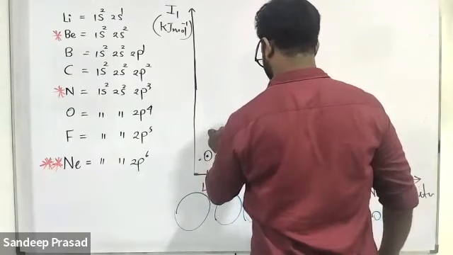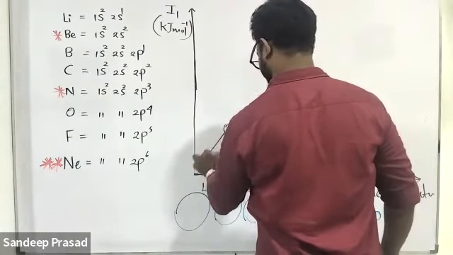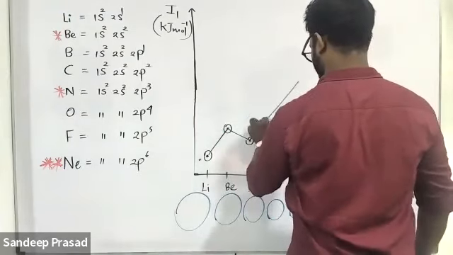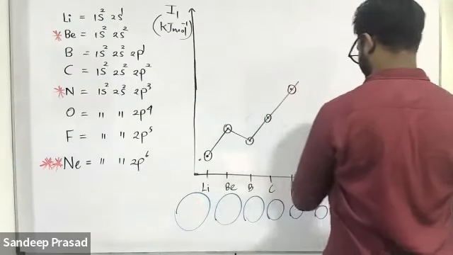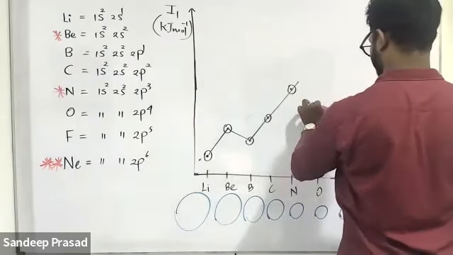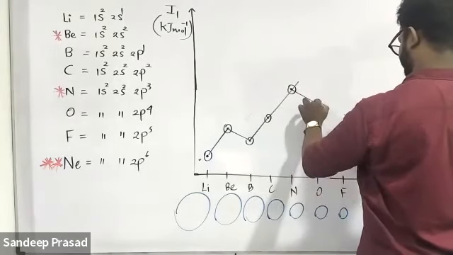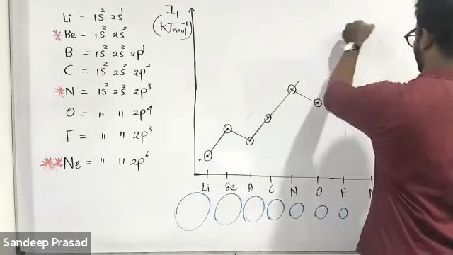Lithium, beryllium, boron, carbon, and nitrogen, oxygen, fluorine, neon.